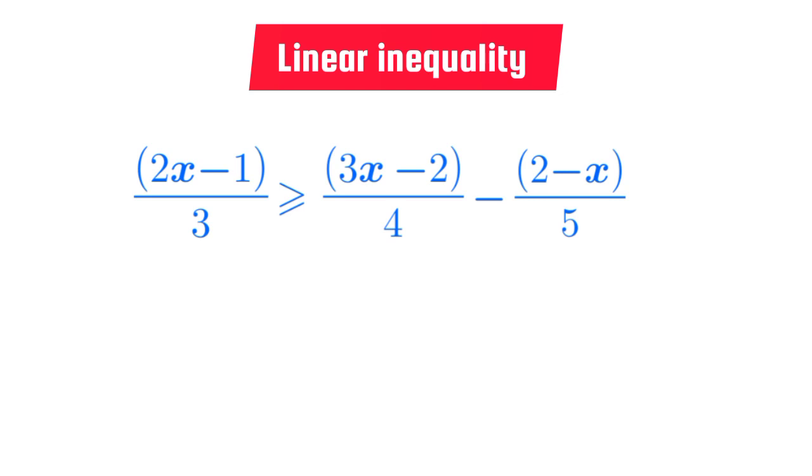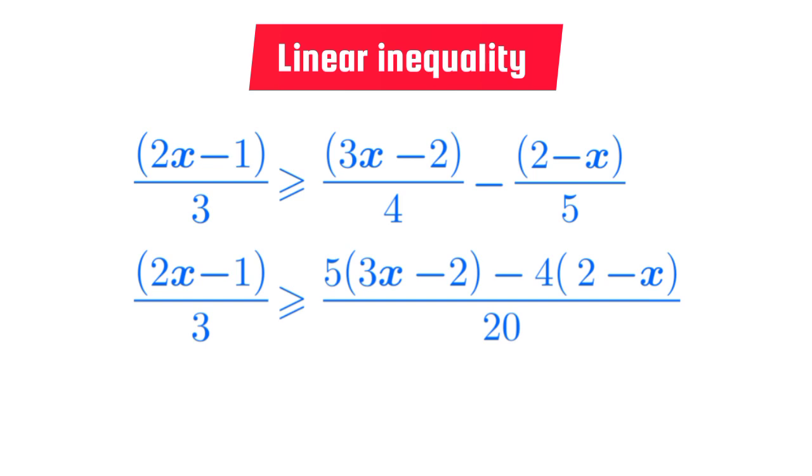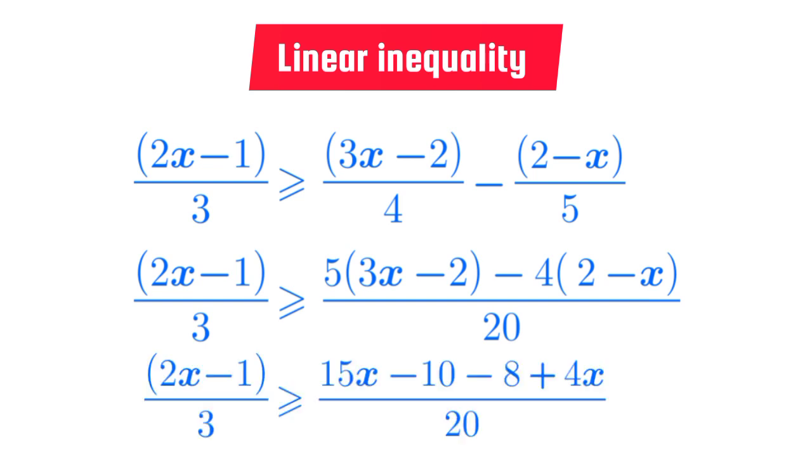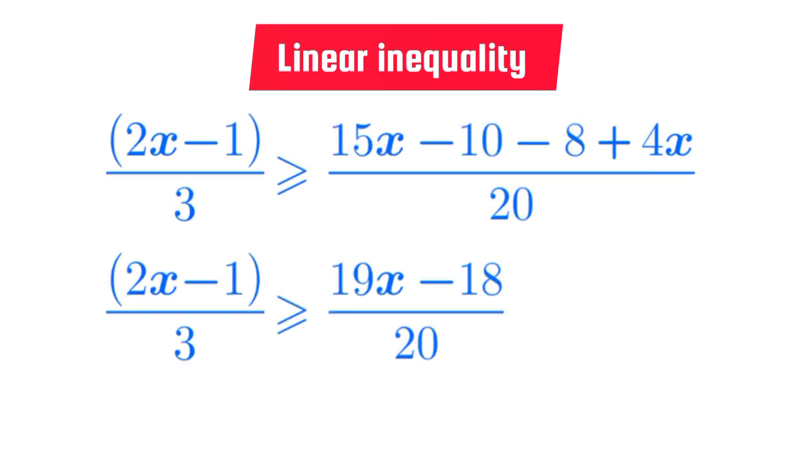So when we subtract, we have our denominator as 20, and in our numerator we have 5 multiplied by 3x minus 2 minus 4 multiplied by 2x minus x. When we distribute 4 and 5, opening up the brackets, we have 15x minus 10 minus 8 plus 4x over 20. Now, 15x plus 4x is equal to 19x, and minus 10 minus 8 is equal to minus 18. So we have 19x minus 18 over 20.